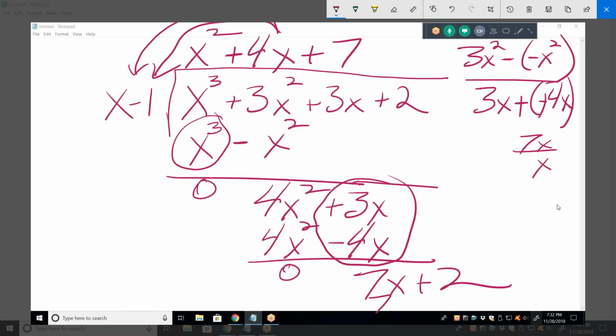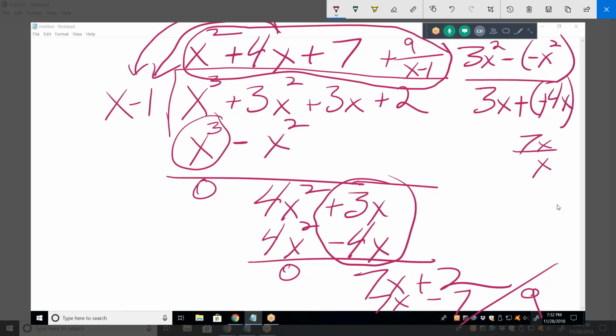What do you get? 7x minus 7. Now subtract for your remainder. So it would be 9. There you go. So the remainder is 9. So I could just write r of 9, but that's not as good as writing plus 9 divided by x minus 1. So there's your answer.